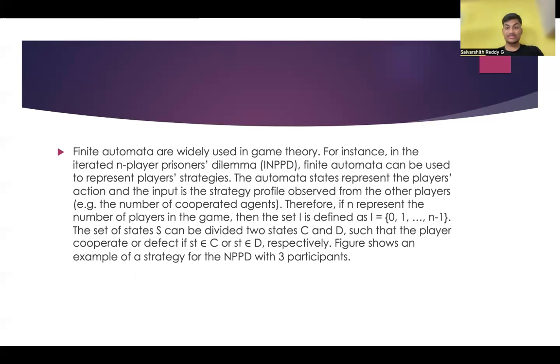Then the set I is defined as from 0 to n minus 1. The set of states S can be divided into two states, C and D, such that the players cooperate or defect, respectively. The figure shows an example of the strategies for the NPPD with three participants.